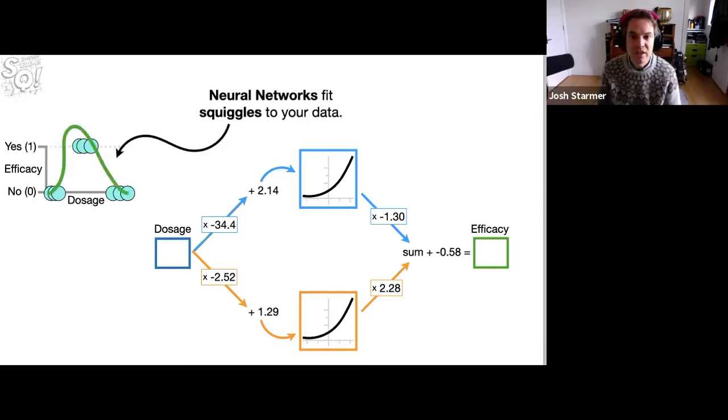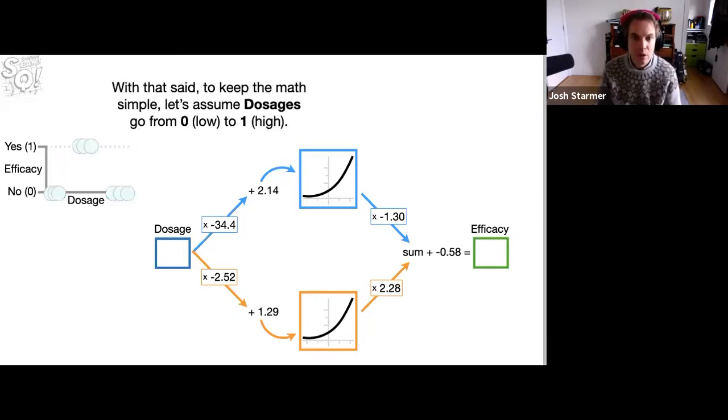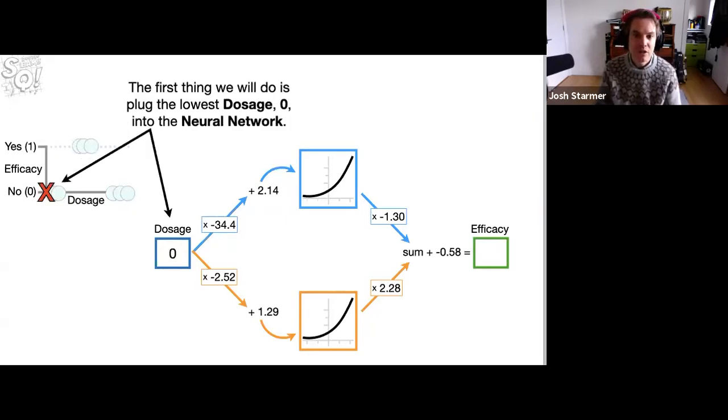Neural networks fit squiggles to your data. With that said, to keep the math simple, let's assume dosages go from 0 for low to 1 for high. The first thing we do is plug the lowest dosage, 0, into the neural network.